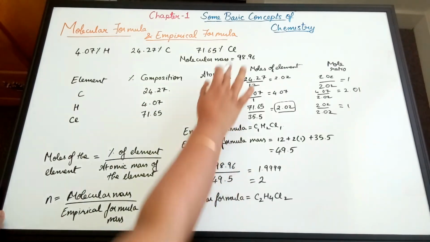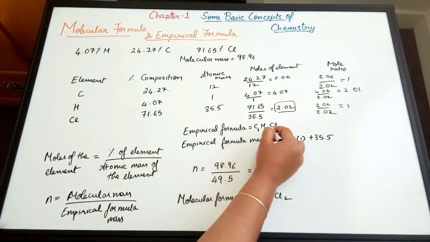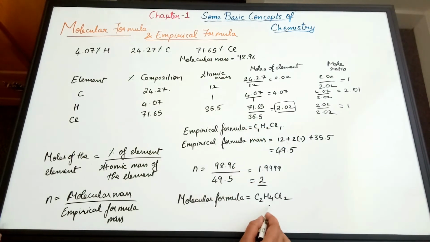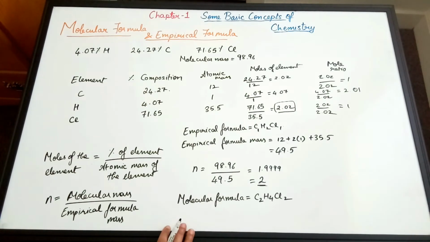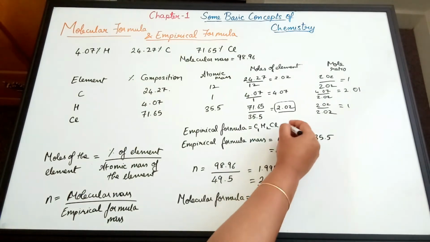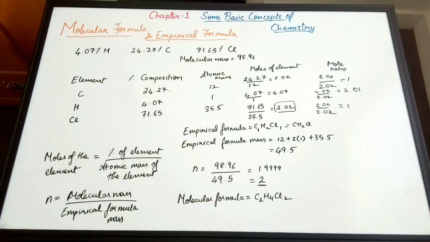So we multiply this value into each of these, which gives us C2H4Cl2. One more important thing: you need not write 1 when there's no value, so we can just write it as CH2Cl. I hope this was clear, but if it isn't, we will be doing another problem.